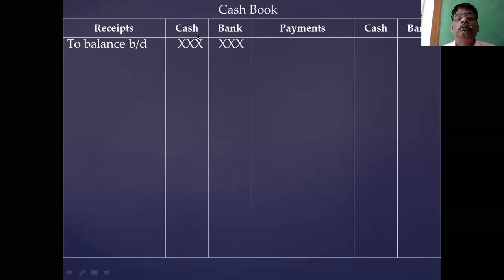To balance brought down: you write the cash balance in the cash column and the bank balance in the bank column.